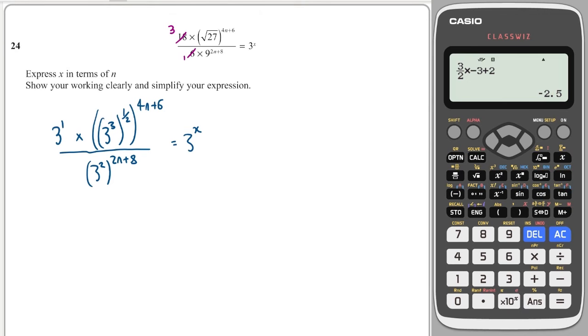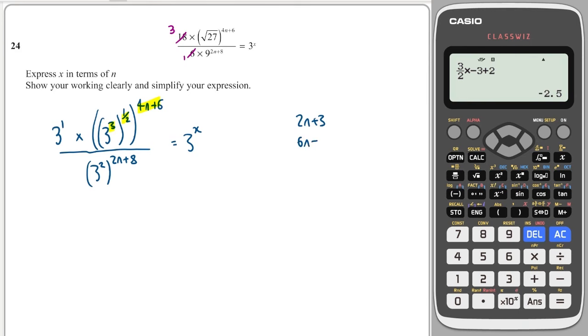Now, what do we do when we have these brackets and we have powers outside of the bracket like that? Well, we multiply those indices along. So what would I get if I times a half by 4n plus 6? Well, let's half 4n plus 6 first. That will give me 2n plus 3. And then let's times that by 3.